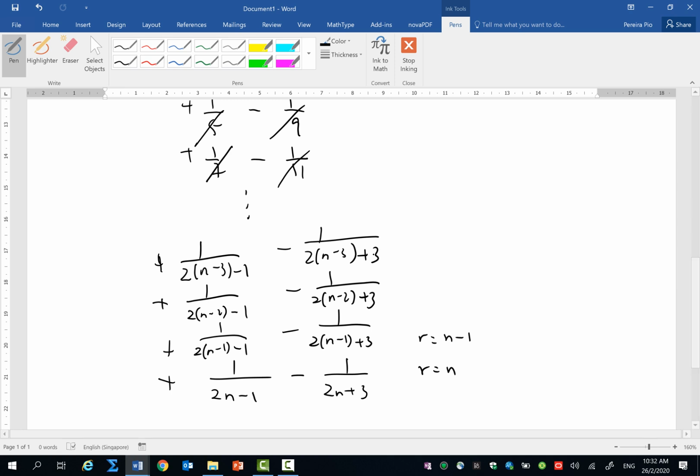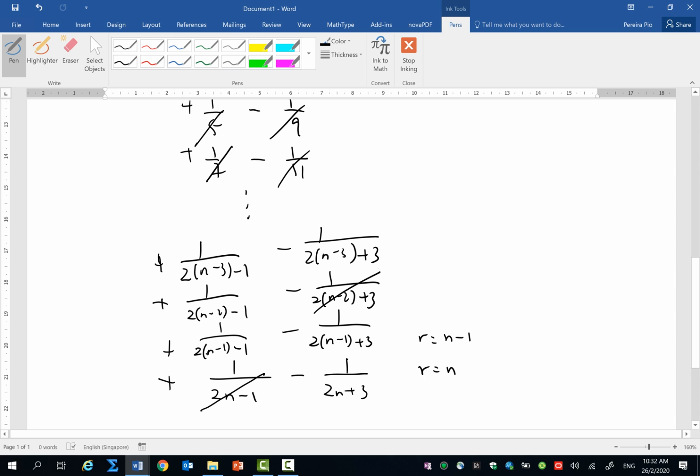You will see that this 2n minus 1 would correspond to this one here. Here you see 2 times (n minus 2) plus 3, because 2n minus 4 plus 3 is 2n minus 1. So 2n minus 1, 2n minus 1.